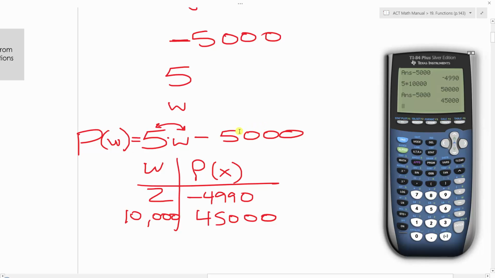Functions serve as models for some relationship between 2 quantities, or 3 or 4 quantities, however many quantities you want.